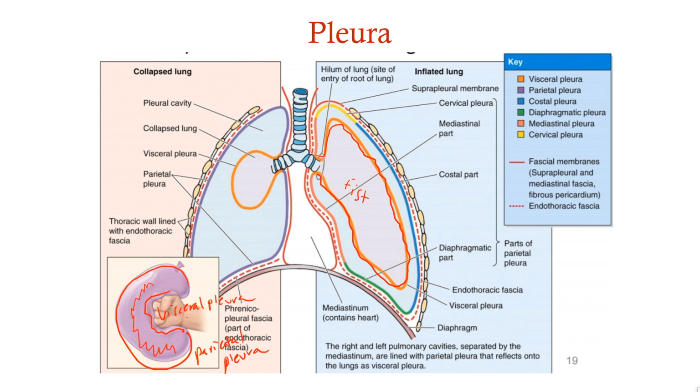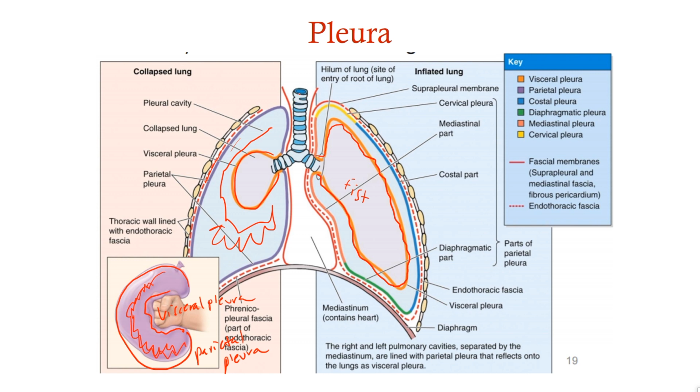Now this is sort of a vacuumed space. This vacuum sort of seals the visceral and the parietal pleura so they are maintained together. This vacuum space keeps them from flattening. It doesn't let the lung completely collapse, and it doesn't let it open and stick all the way out. This is a nice open vacuumed area.